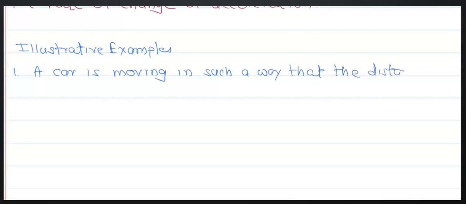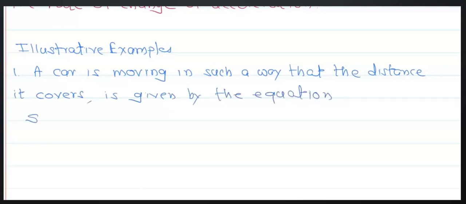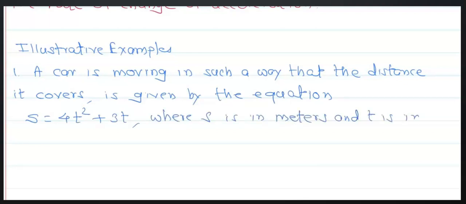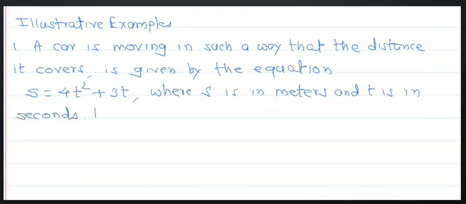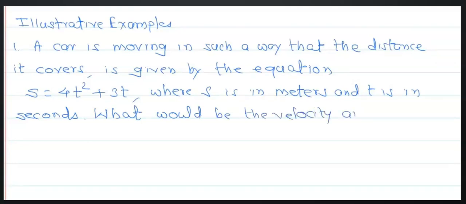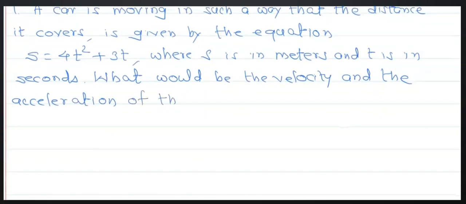Now the illustrative examples. See this first example. A car is moving in such a way that the distance it covers is given by the formula s is equal to 4t square plus 3t, where s is in meters and t is in seconds.